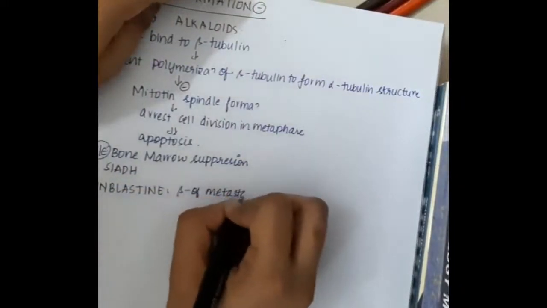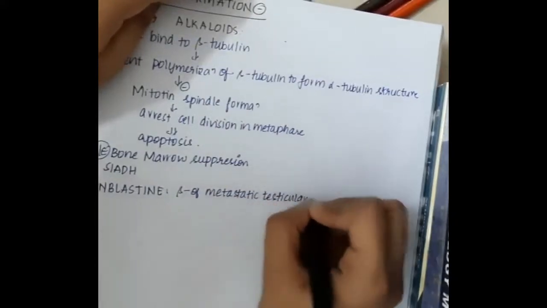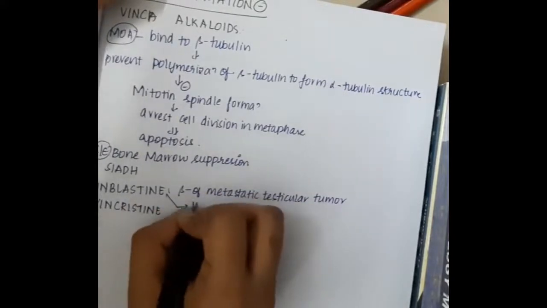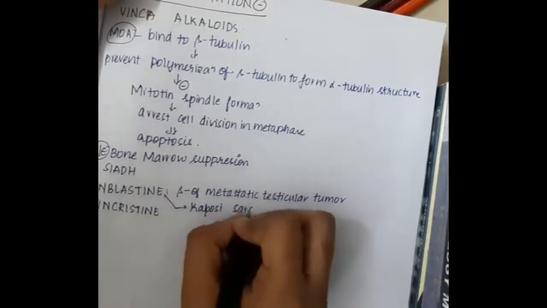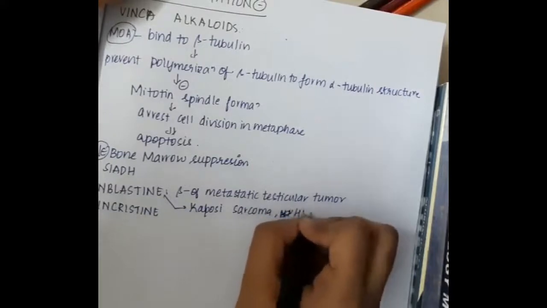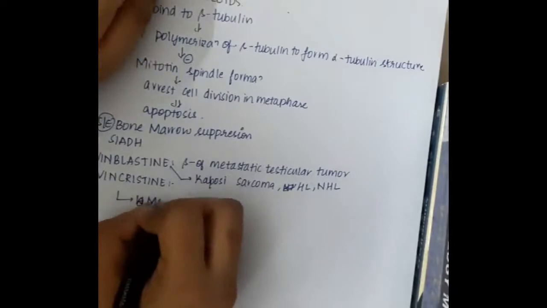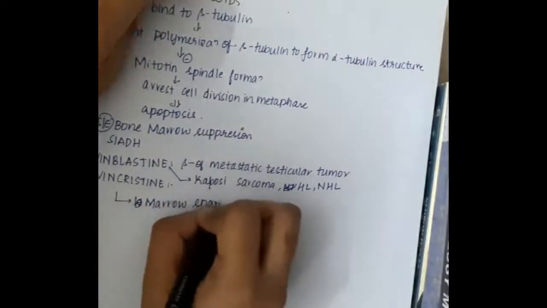Then vinblastine is used in metastatic testicular tumor and also Kaposi sarcoma, Hodgkin's lymphoma and non-Hodgkin's lymphoma.